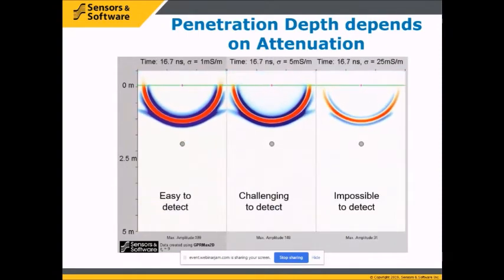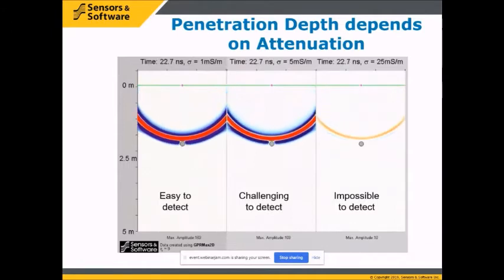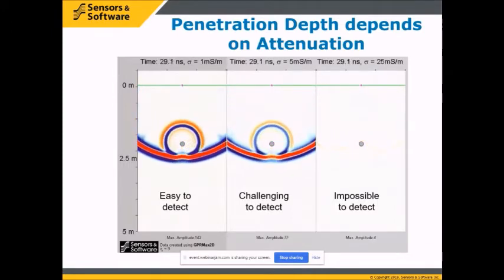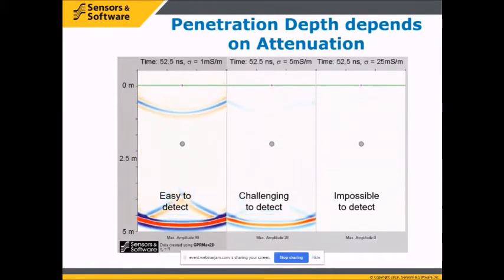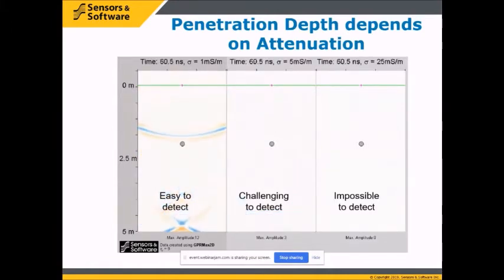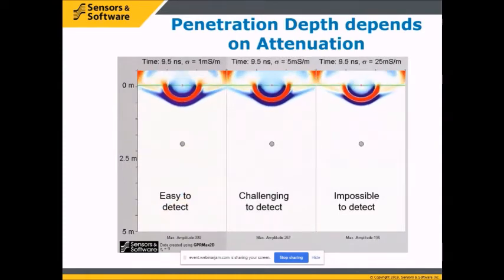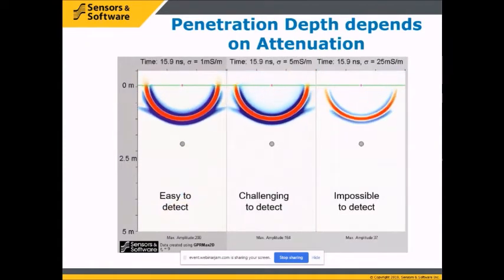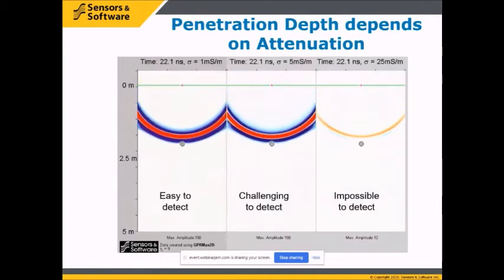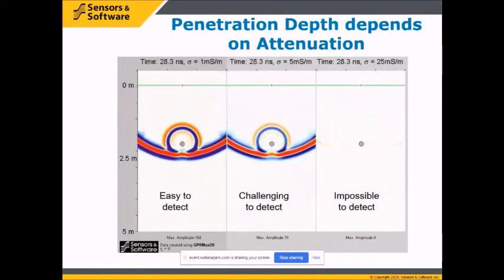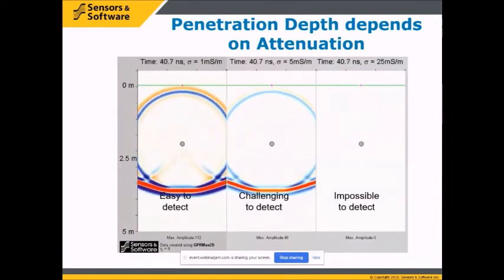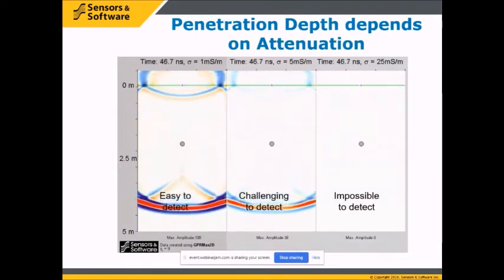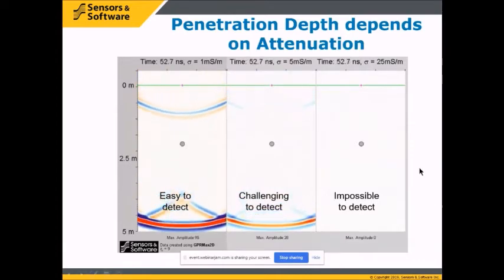The native soil in the area may be great for GPR because it has low attenuation and allows the GPR signal to travel deep. But then you walk across a filled area and the penetration decreases because it has higher attenuation. I've also seen the opposite situation. Bad native soil, and the fill that was added is actually better for GPR penetration. This goes along with one of my messages today, which is GPR can be hard, but don't give up too quickly.